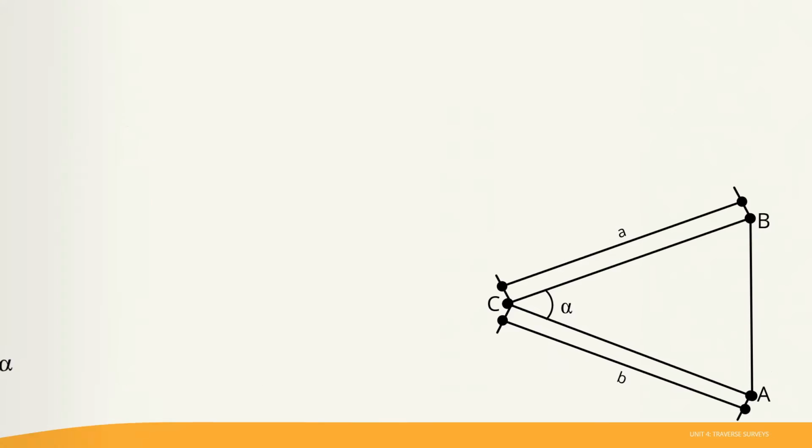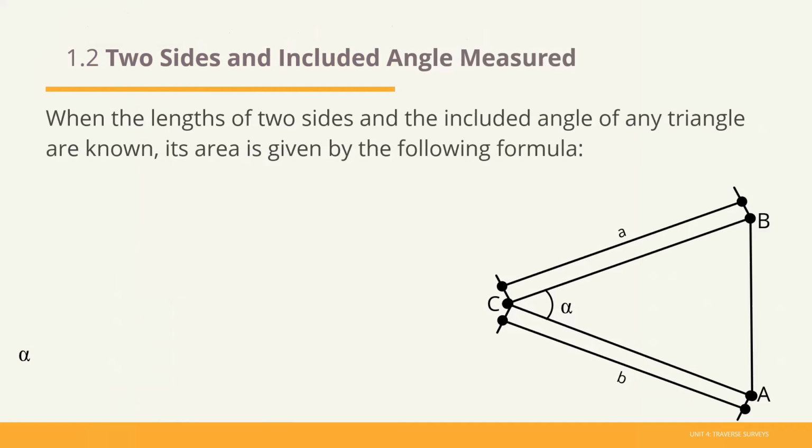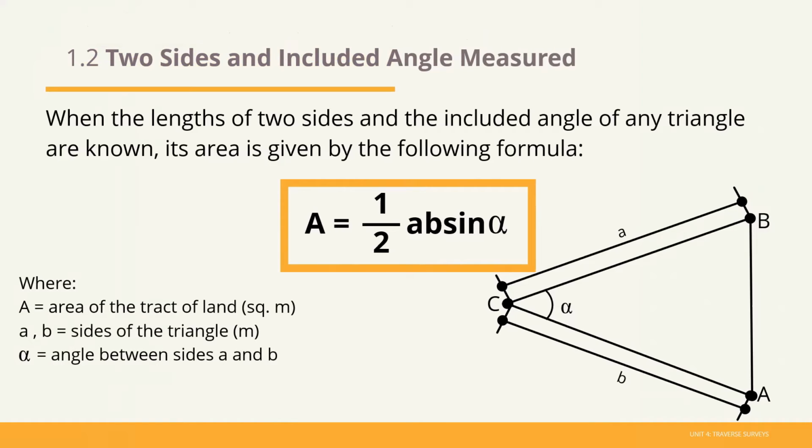Now let's proceed to the two sides having included angle. When the lengths of two sides and the included angle of any triangle are known, its area is given by the formula area is equal to 1/2 AB sine theta.